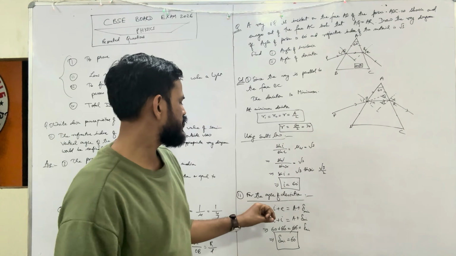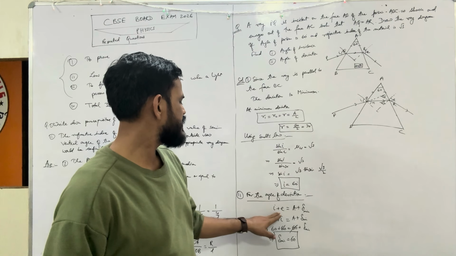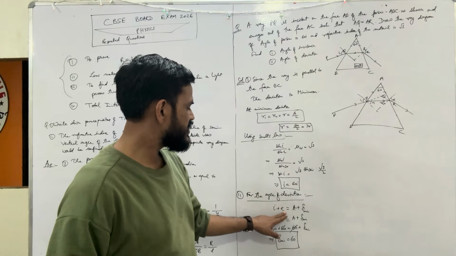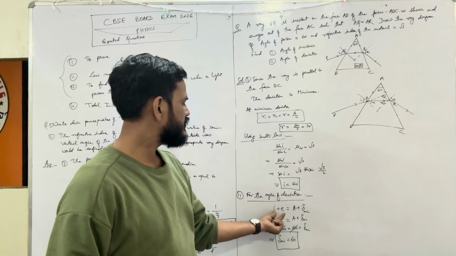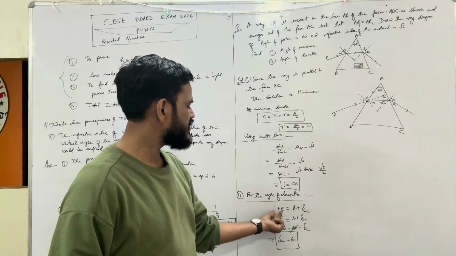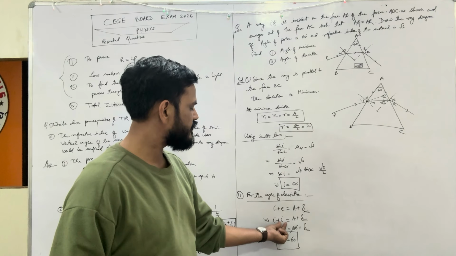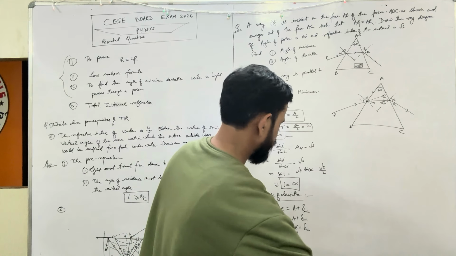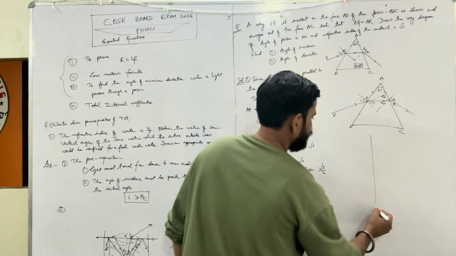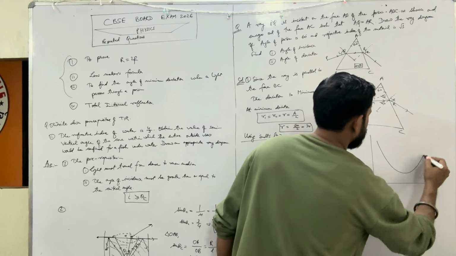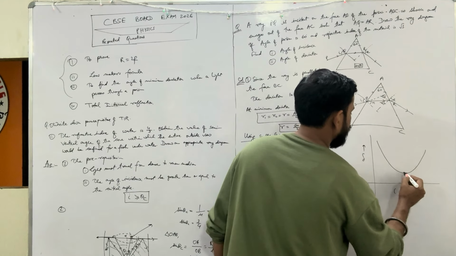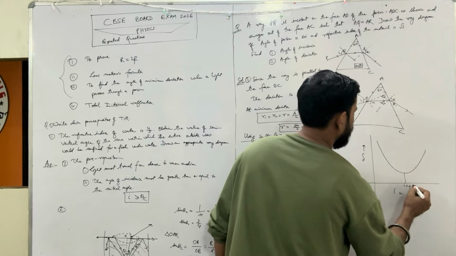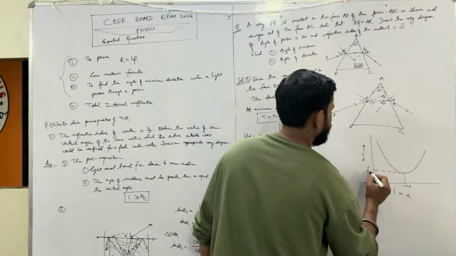Second relation you should realize is angle of incidence plus angle of emergence is equal to A plus delta minimum. And at angle of minimum deviation, angle of incidence is the same as angle of emergence. So the diagram looks like this. This is delta and this is i or e. When i is equal to e, the angle of deviation is minimum.